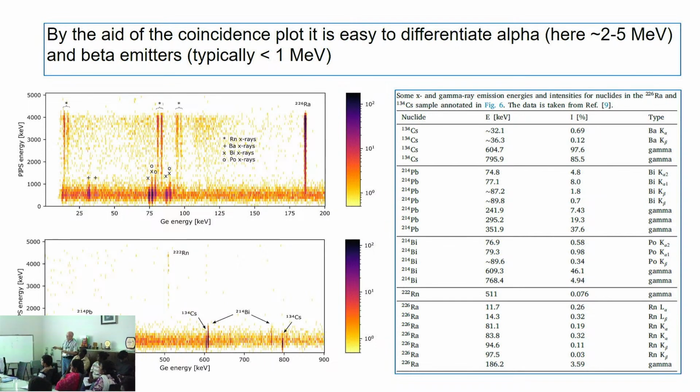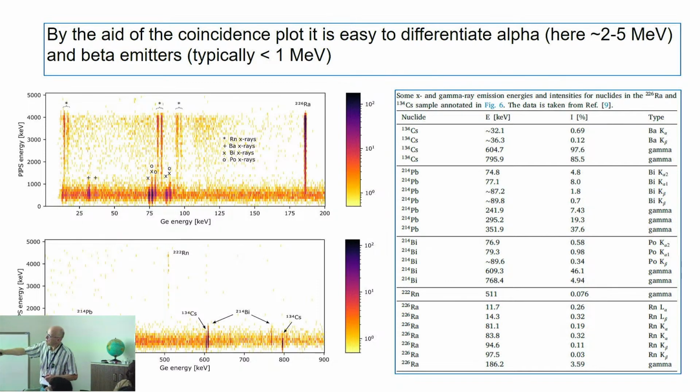Okay, now this is quite a difficult picture. This is the same sample again. You can see the nuclides and peaks present in this sample, and we identified what kind of peaks are in this spectrum. But now you can see here, this is gamma energy, and this is alpha energy on the vertical axis.